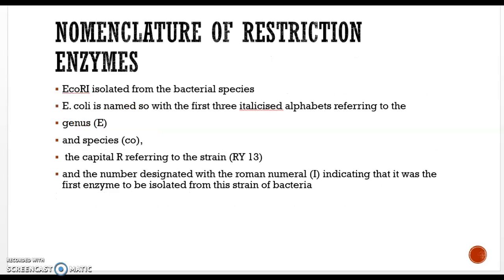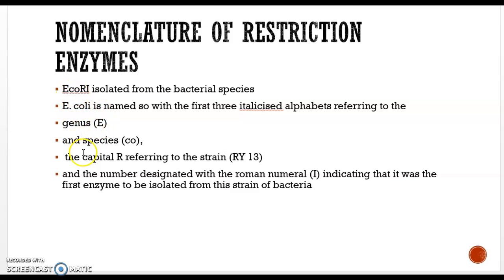Now, this is about the nomenclature. There is one restriction enzyme which is commonly present inside E. coli, that is EcoRI. You can check that the first alphabet is a capital E. It is represented by E. coli, that is the genus, and it should be in caps.